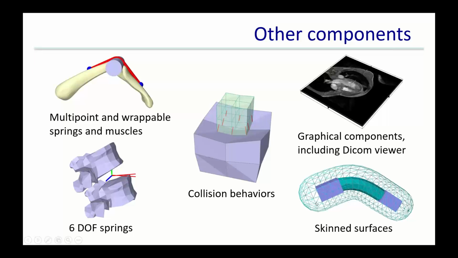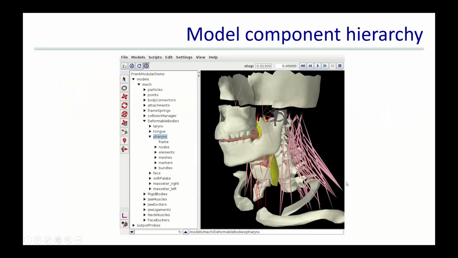And I also mentioned that we have skinning, so you can wrap a skin mesh around some combination of rigid bodies or finite elements. All of these components are combined within your model into a component hierarchy. There is a standard form for the hierarchy, or you can create your own arrangements of components. It's up to you. There's a navigation panel that allows you to examine and select components, and also components can be examined and selected inside the viewer.